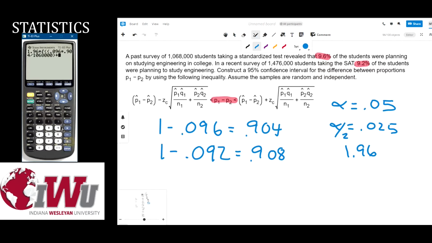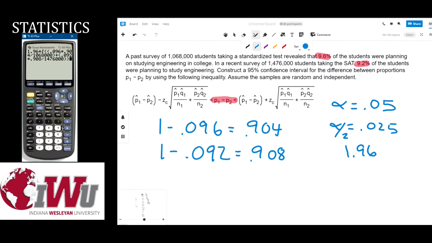We add parentheses, and let's get that part in. So we're at 0.092 times 0.908 divided by N2, which is another fairly large number, 1,476,000.